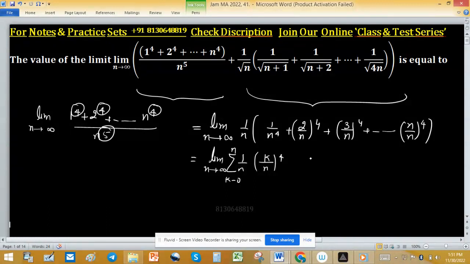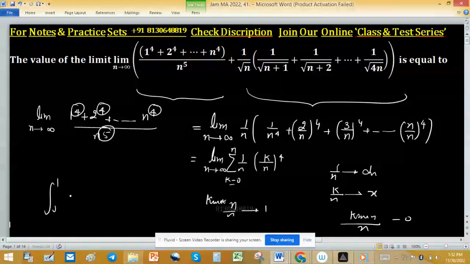Now if we apply the definite integral as a Riemann sum, you can replace 1 upon n as dx and k upon n as x. The lower limit will be k min upon n, this is 0, and the upper limit n upon n, meaning k max upon n, is going to 1.